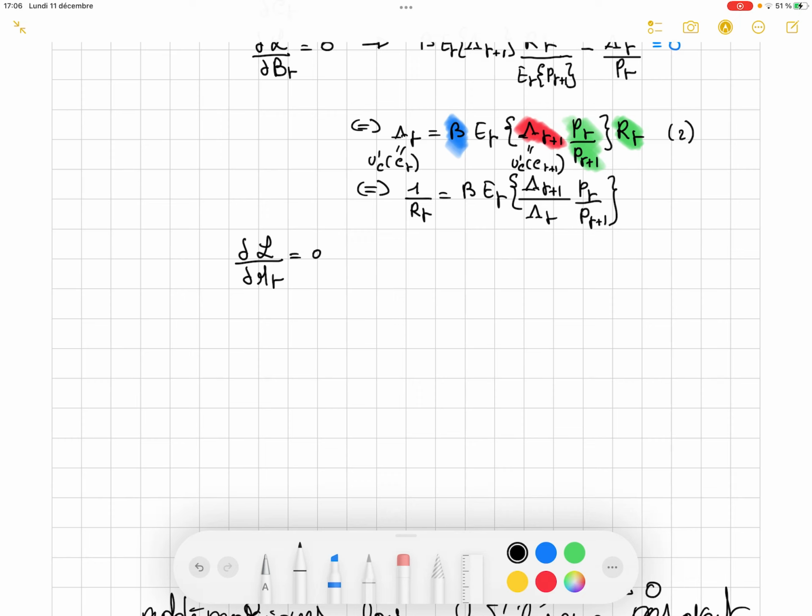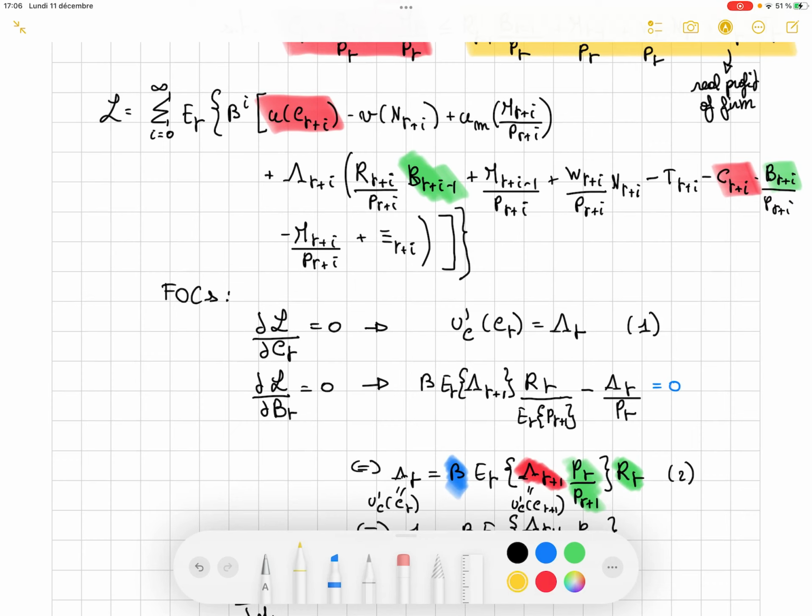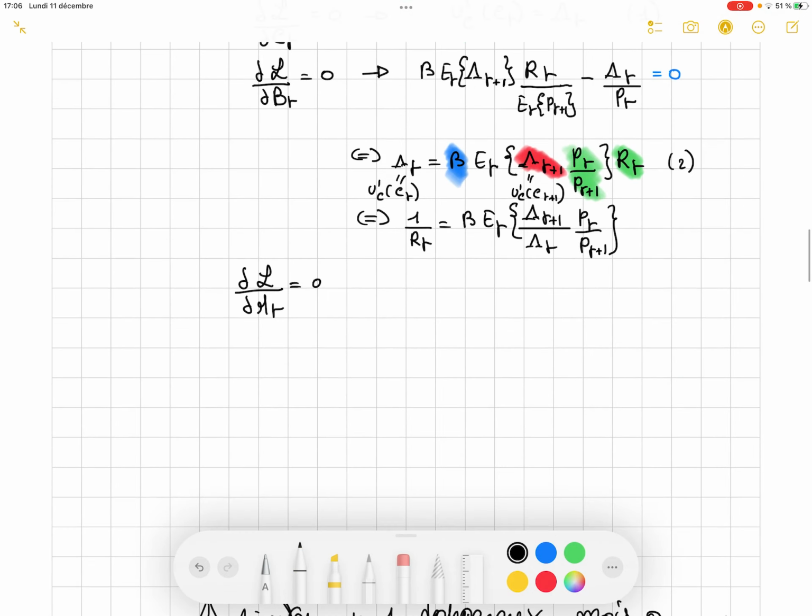You don't really consume it because it is not destroyed, but you enjoy having money in this world. So where do we have money here? Money enters directly in the utility function, right there. And money also enters as an asset, as we said here, because we can use the money of the previous period to consume today, if you want to.